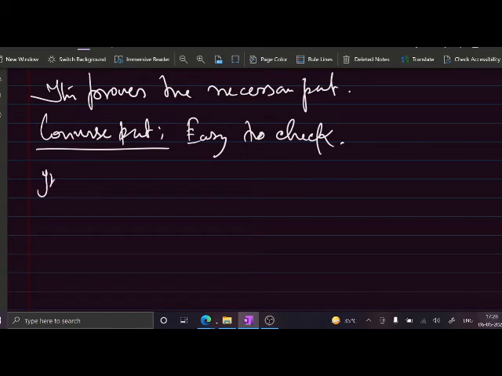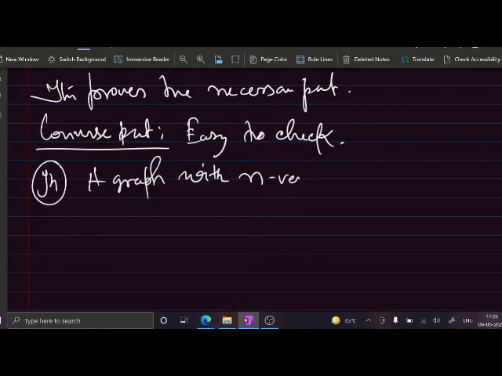Now the next theorem shows that, suppose you take a graph with n vertices, it is a tree.